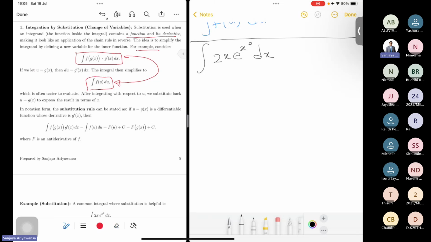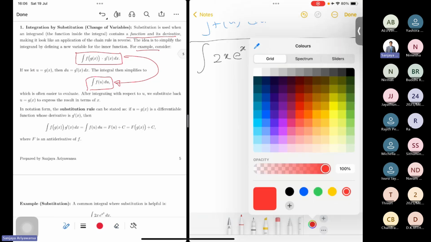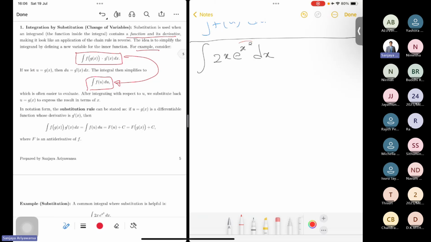So in this example, I would identify my u as x squared. Now, that comes with solving this problem and the experience I have of solving this. But see, if I take x squared as u, if I differentiate du by dx, I get 2x. Oh, so that's great. Why is that? Because then I have du is 2x dx. Isn't that what I have over here, right?